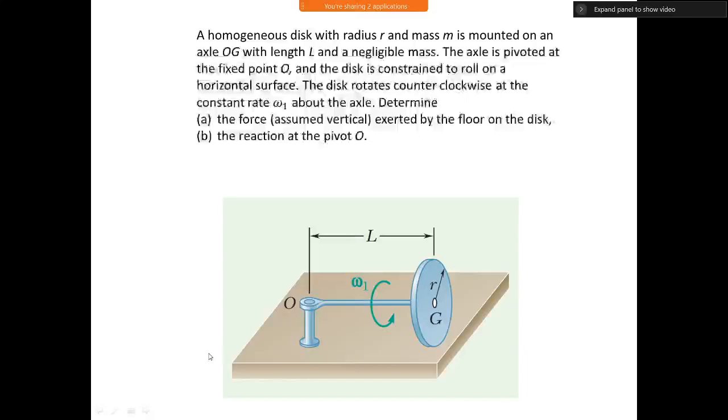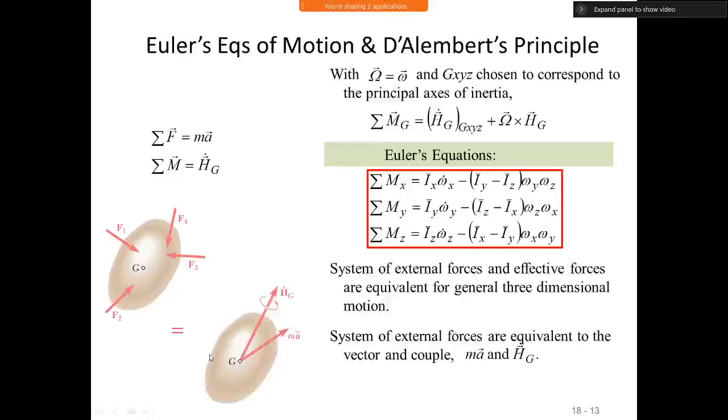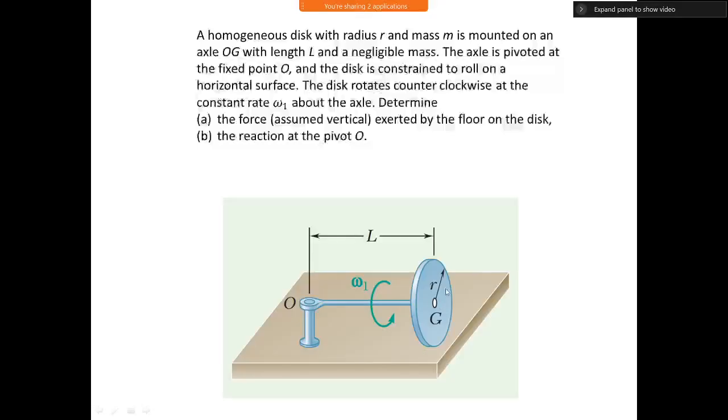So, this is what we can do, and now let us try to apply this to the same example that we have seen. This disk is spinning with omega 1, and it will precess about the vertical axis with an angular velocity of omega 2.